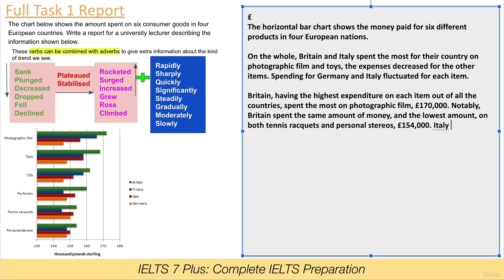Italy follows a similar pattern to an extent because obviously they don't share the same highest category of expenditure. So Italy follows a similar pattern to an extent.